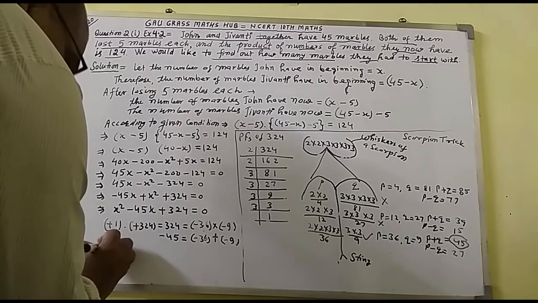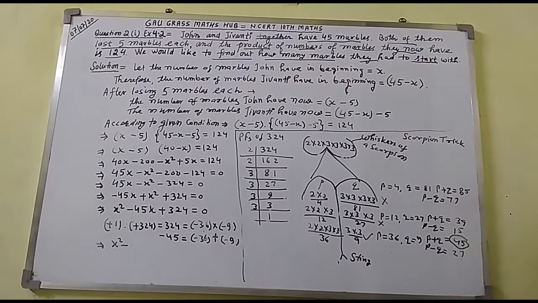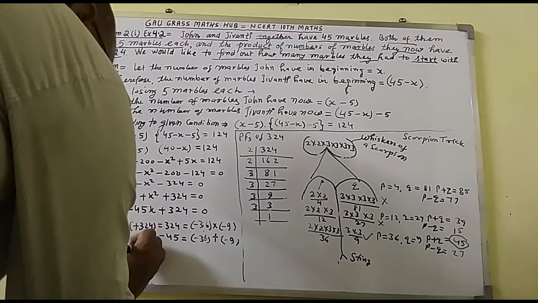Here you can write x square minus. I can split the middle term, minus 45x, which is the middle term in this quadratic equation. This middle term minus 45 has been split into two parts. The first part is minus 36, and after it I put x, so I write minus 36x.